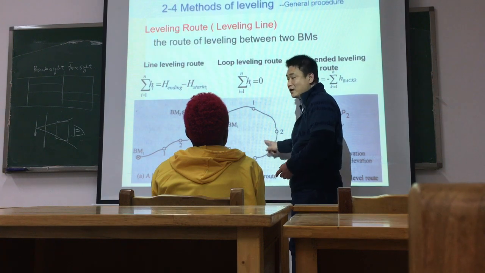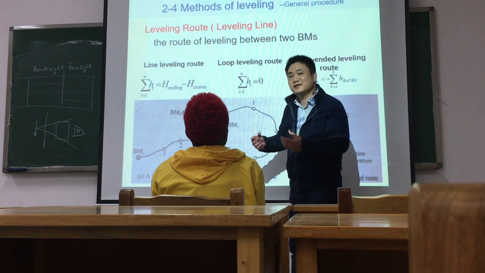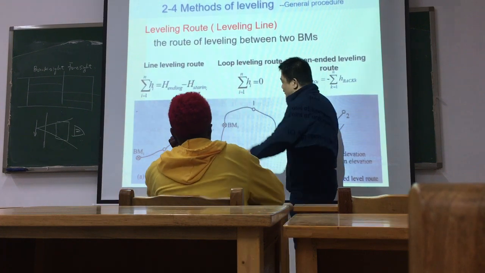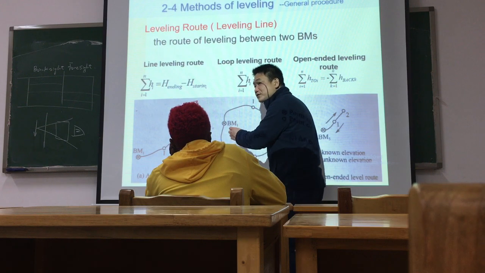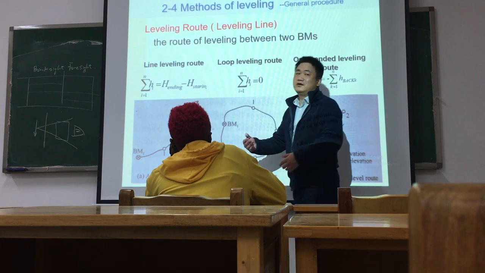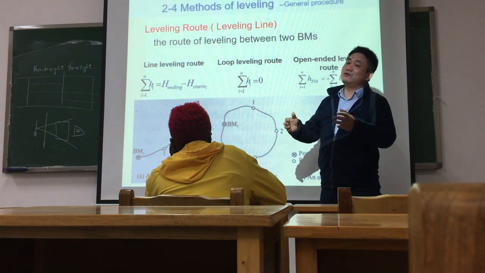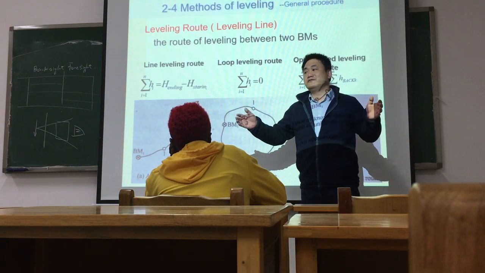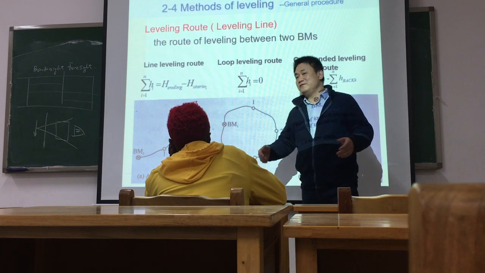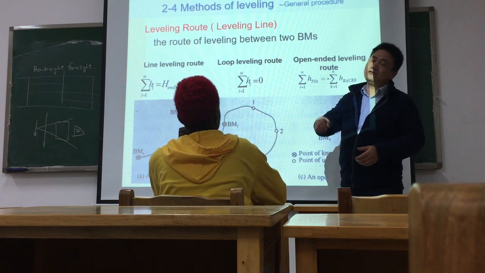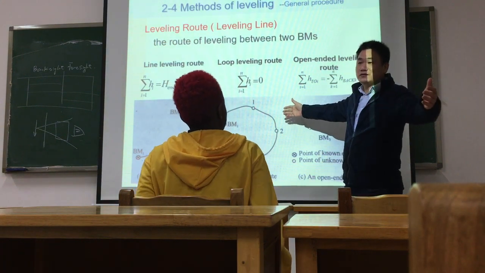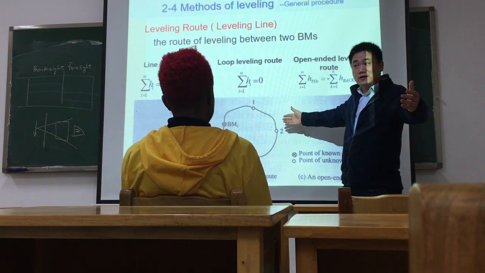So this is a route. A route maybe includes many sections. For example, this is a section. In this section, maybe it includes many stations, because yesterday you just used one station to get the elevation difference between two points, but the distance was too short. If you wanted to survey from engineering building 2 to the west gate, with this long distance you cannot use one station to get the elevation difference.